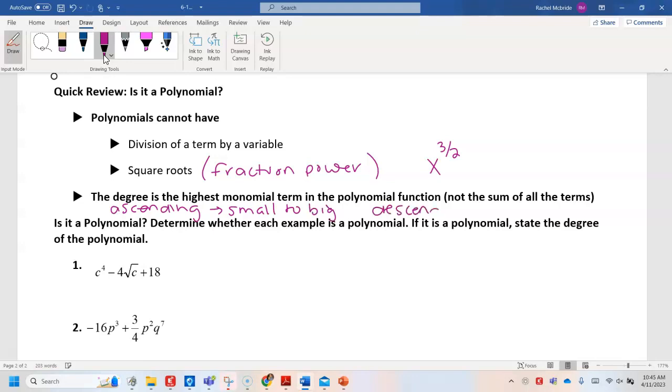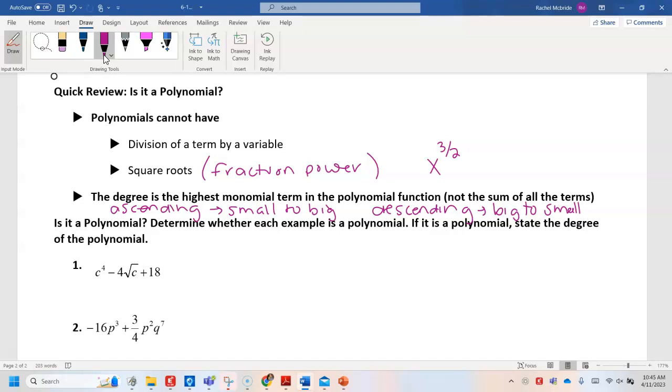Descending is when you order the degrees big to small. So in your homework, some of the problems, you have to put them in ascending or descending degree. And then we have to determine if it is a polynomial. If it is, what is its degree?